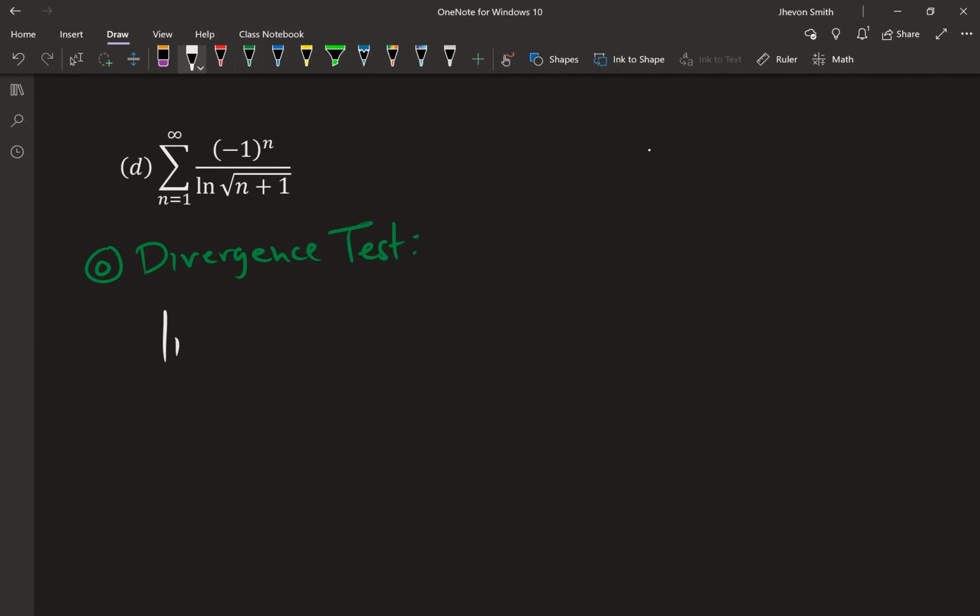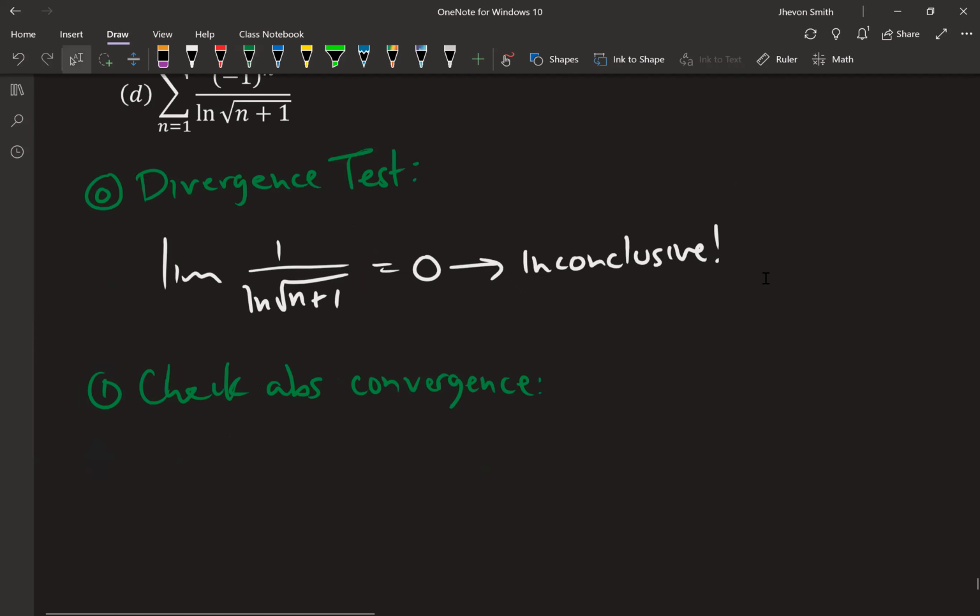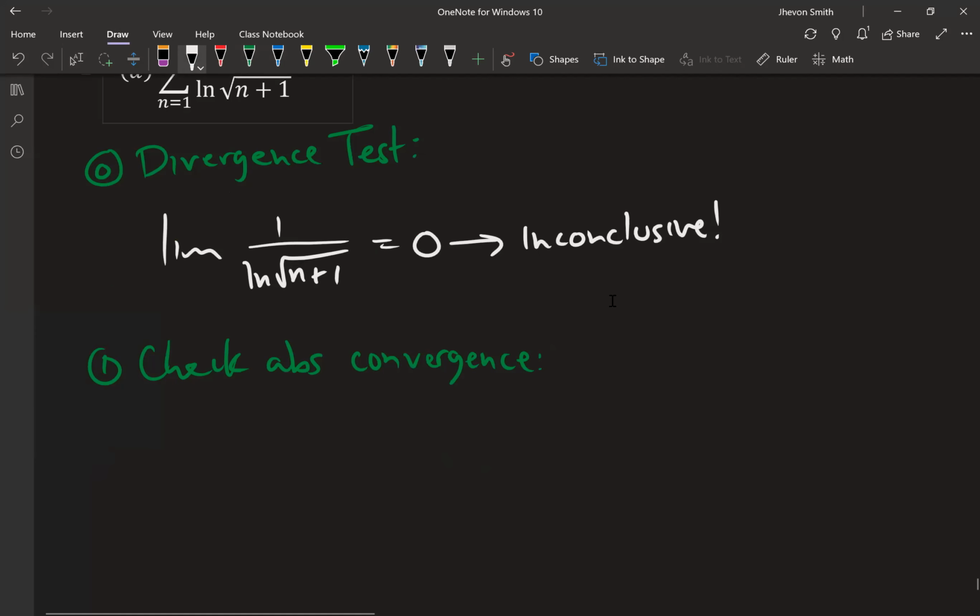So the next thing, what do we test? Check absolute convergence. So now, what does that mean? You are going to consider the series when you put absolute values around all the terms.